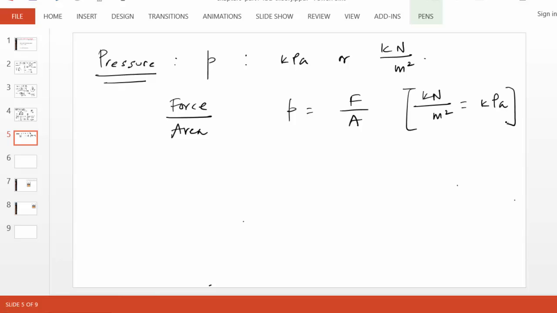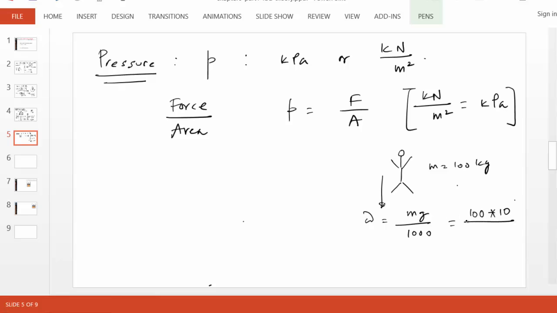So let's go back to our benchmark for mass. Suppose we go back to our football player who has a mass of 100 kg. What will be his weight? Weight will be mg divided by 1000. Would you agree? Which is 100 times approximately g, about 10, divided by 1000.